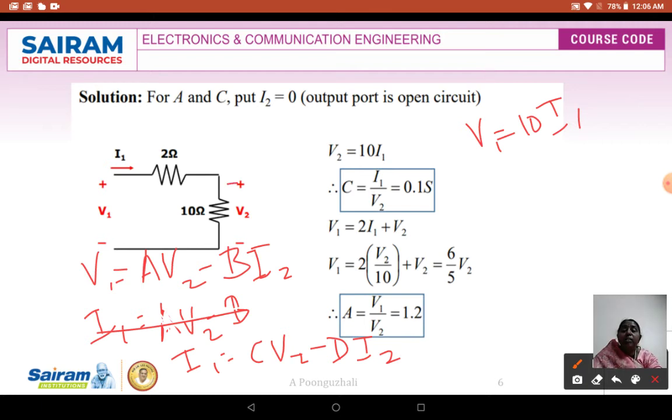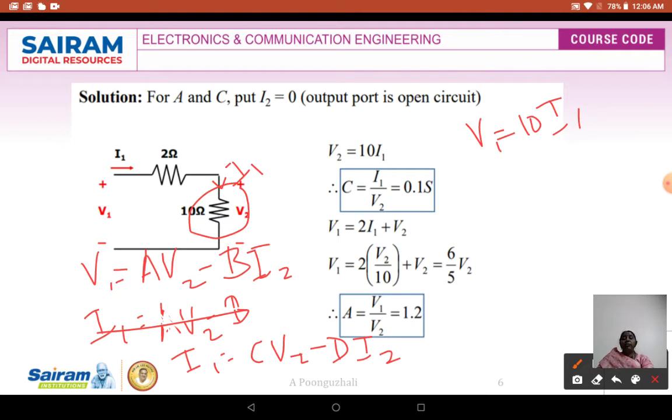To know that, we first find V2. The current entering here is I1, so we can write V2 is equal to 10 I1. So the C value is I1 by V2, which is 1 by 10, that is 0.1 Siemens.